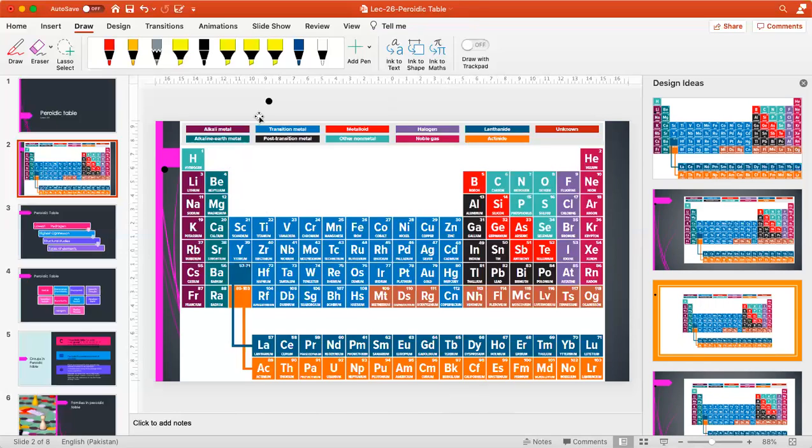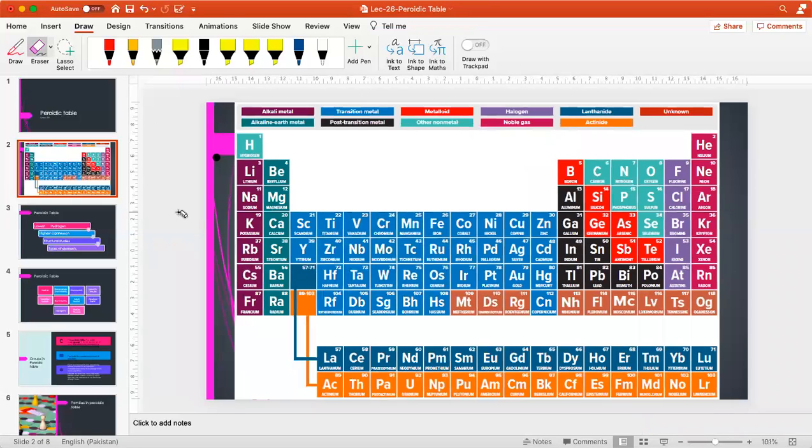The colors represent the different groups over here.